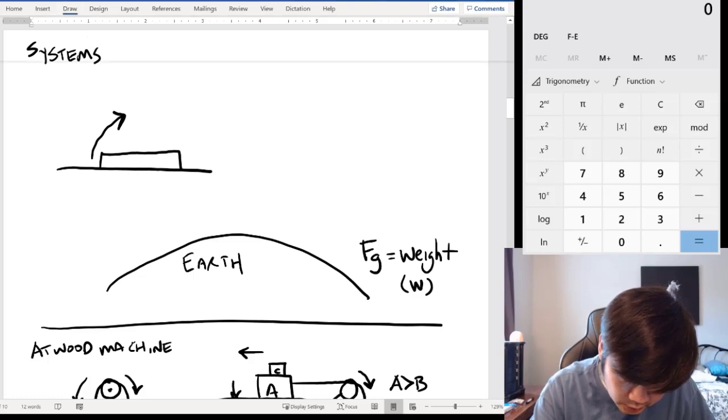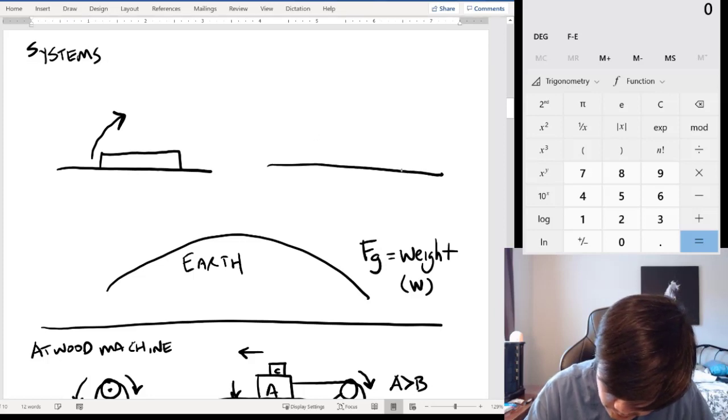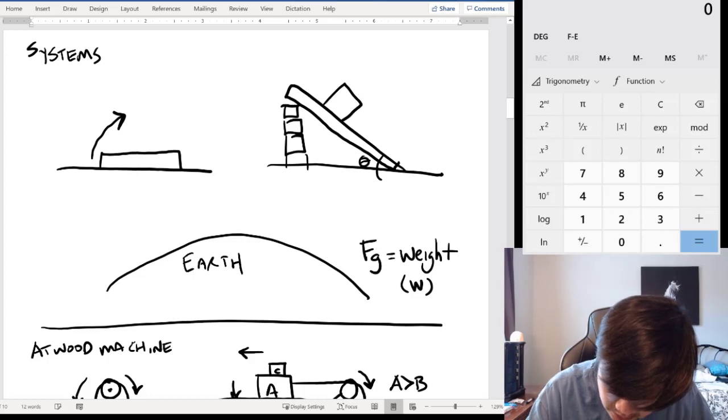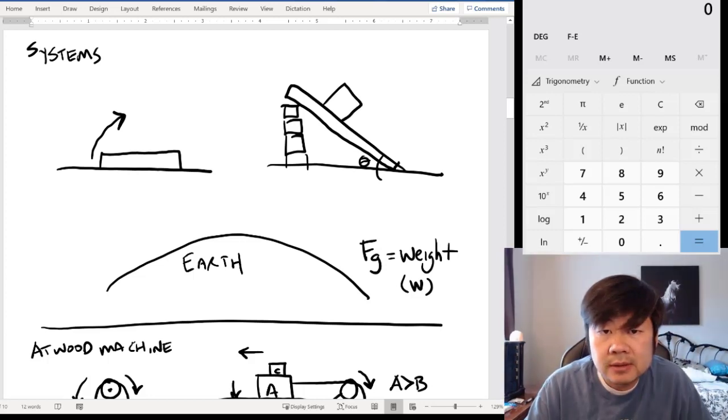Alright, so let's redraw this inclined plane. So we have an angle here. And this time we're going to change it into a box.